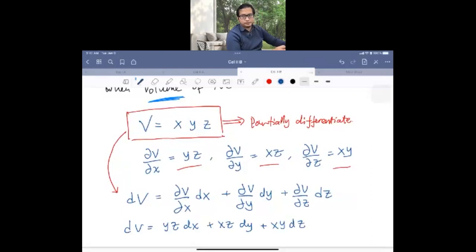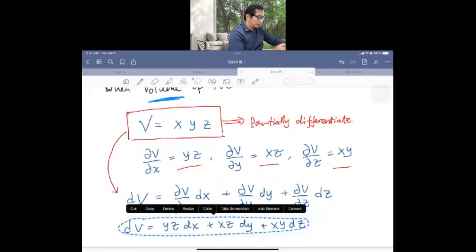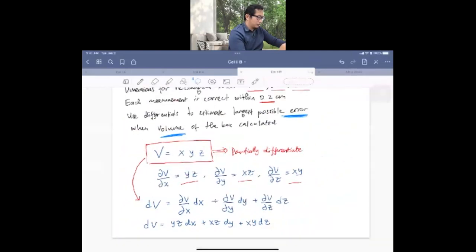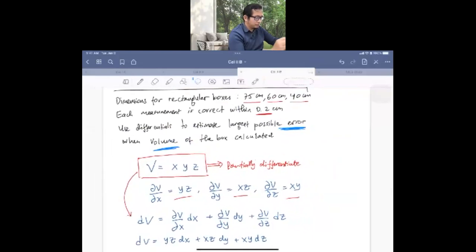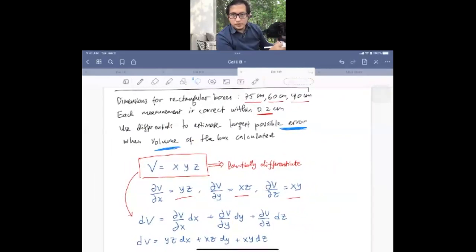I hope it's clear. Let me copy this. I hope nothing is wrong with the partial derivatives for each of x, y, and z. Now we have three variables.